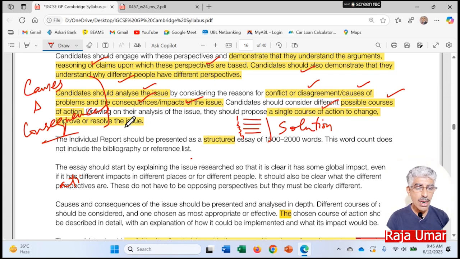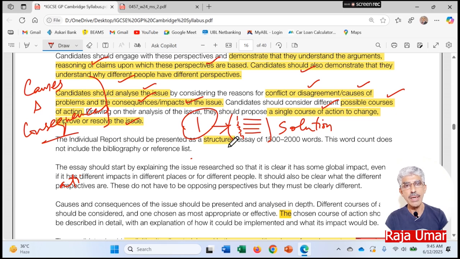A single course of action to change, improve, or resolve the issue. After explaining all these, you are supposed to select the one that has the greatest impact, that solution or course of action that may bring change in the issue, and that the issue can be resolved primarily or importantly because of that action taken.